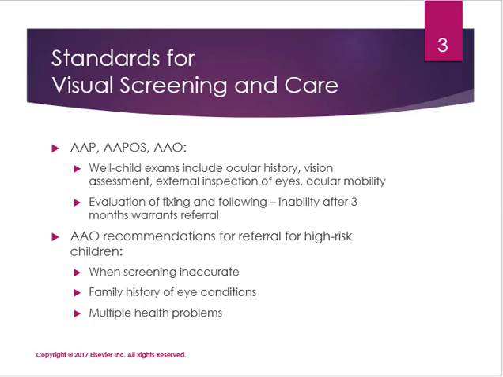So any child that has inabilities after 3 months without correction needs to be referred. The American Association of Pediatric Ophthalmology also recommends that we refer high-risk children and those when screenings appear inaccurate, family history of eye conditions, or multiple health problems.